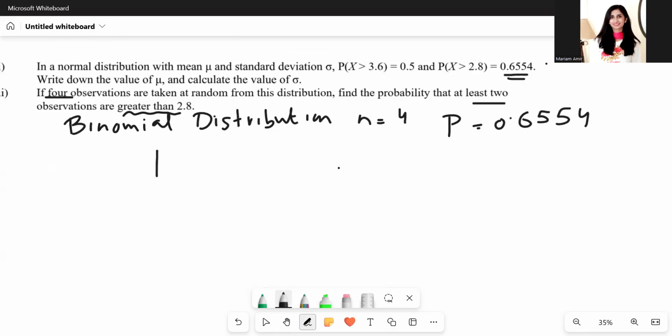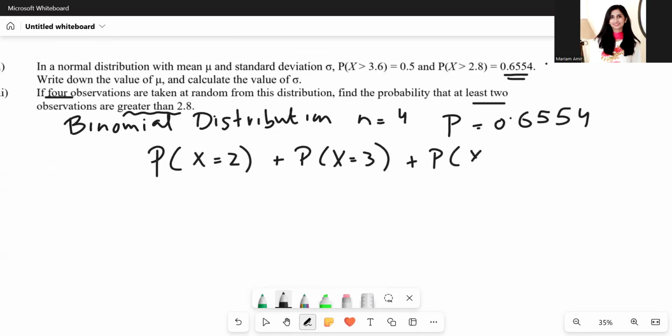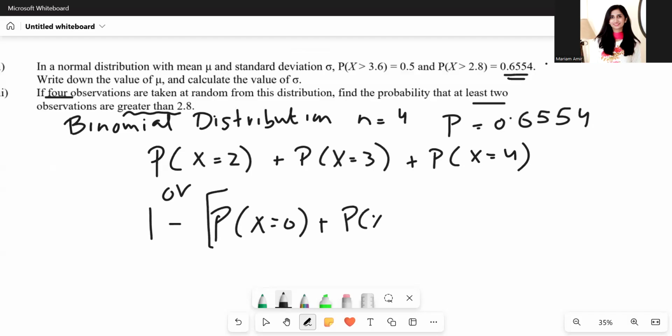So we're going to find the probability that 2 observations are greater than 2.8, or 3 observations, or 4 observations are greater than 2.8. Or you could also do 1 minus (0 observations are greater than 2.8, plus 1 observation is greater than 2.8). I think I'll go with this approach because this would require fewer calculations.